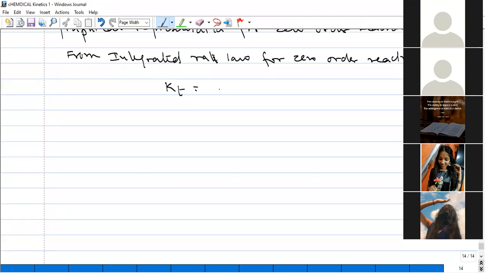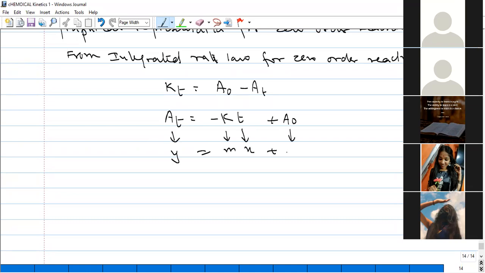Kt is equal to A0 minus At. If I arrange it, At is equal to minus Kt plus A0. This is y. This is m. This is x. This is c. So y is equal to mx plus c.